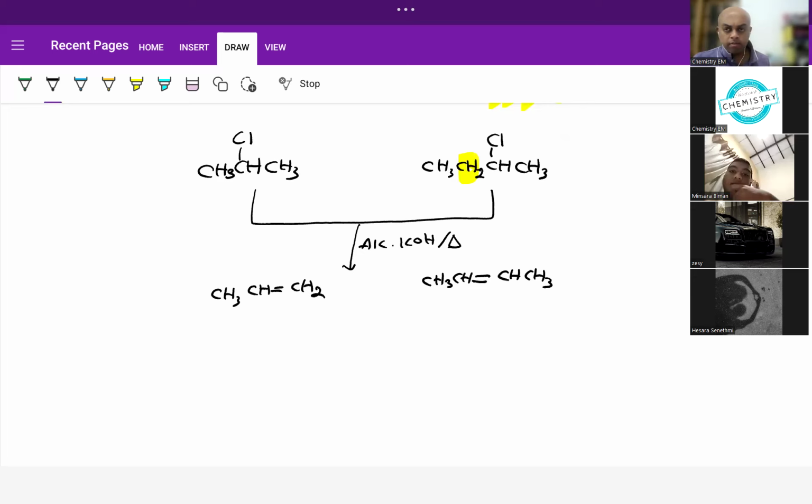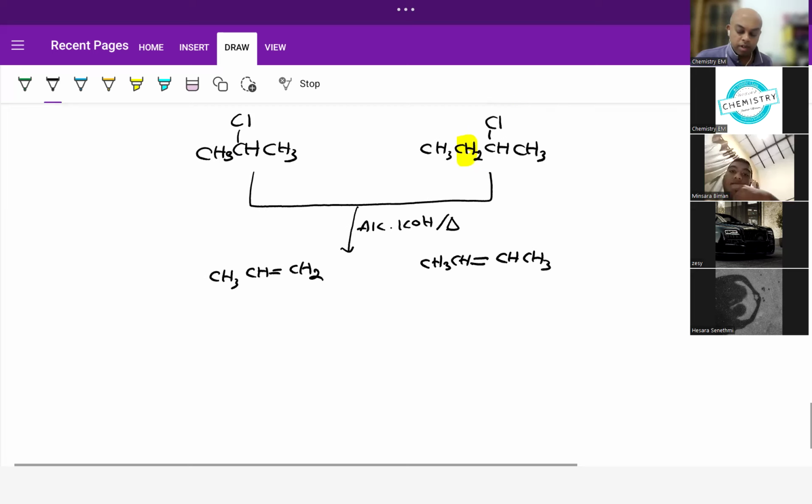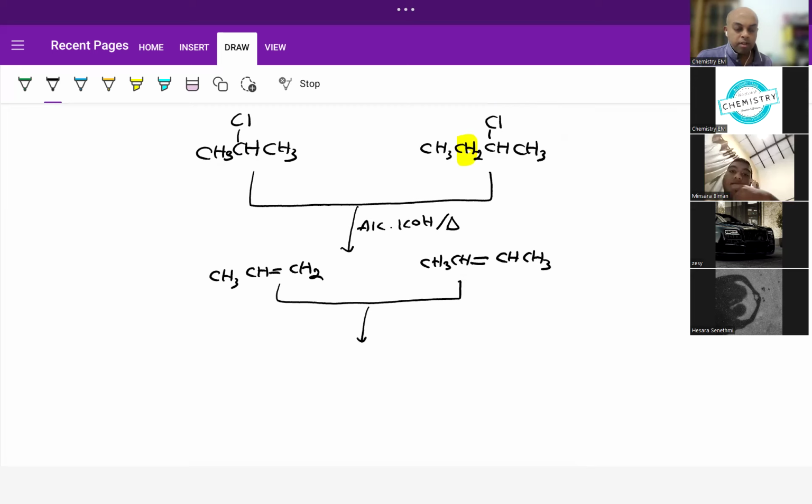Now I can see that from the left hand side one, I can create an acidic alkyne, and the right hand one will not create an acidic alkyne. If we can create an acidic alkyne, then I can identify these two separately. So I will try to create the acidic alkyne from the left hand side. To do that, I will apply liquid Br2 with CCl4.